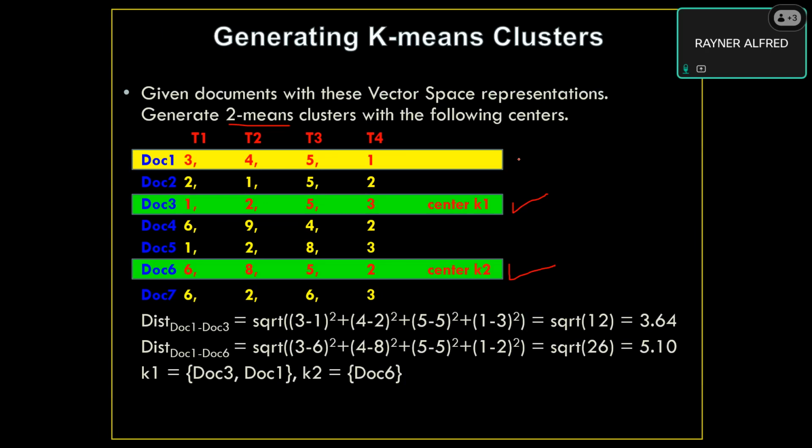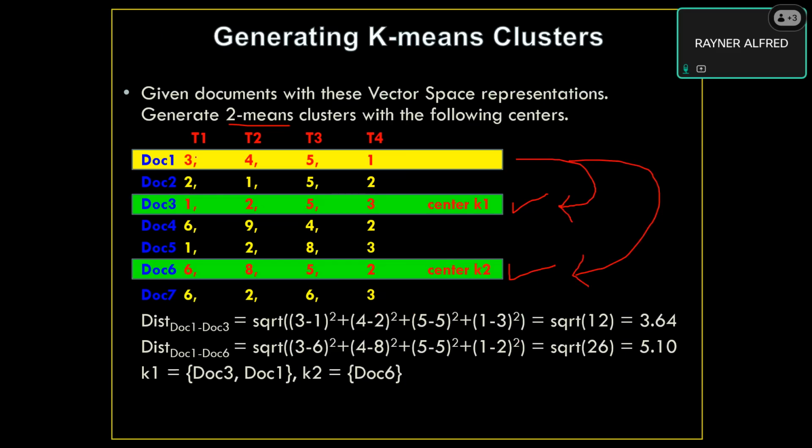So our task is to determine whether document 1 belongs to, or is nearer to, center 1 or center 2. We can use the Euclidean distance, which is the square root of the summation of the squared differences.